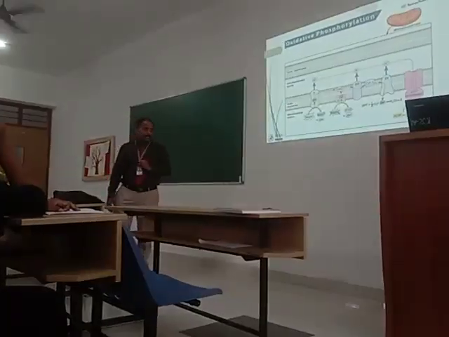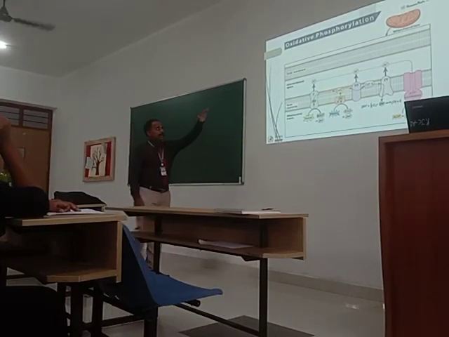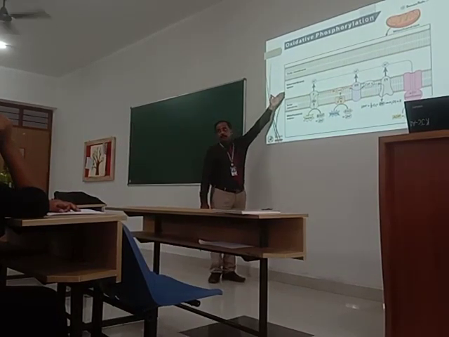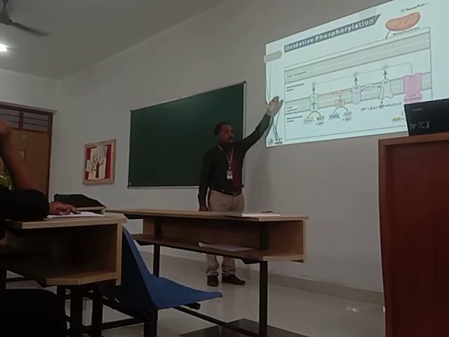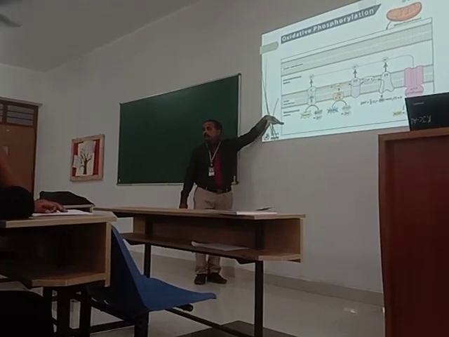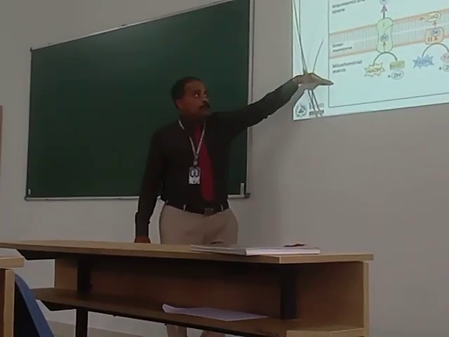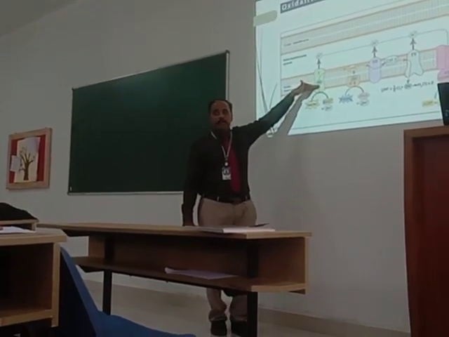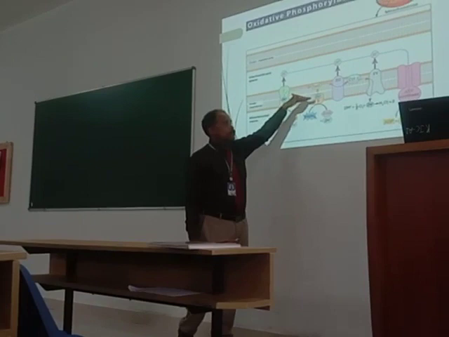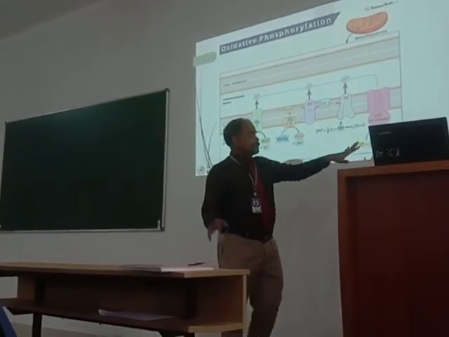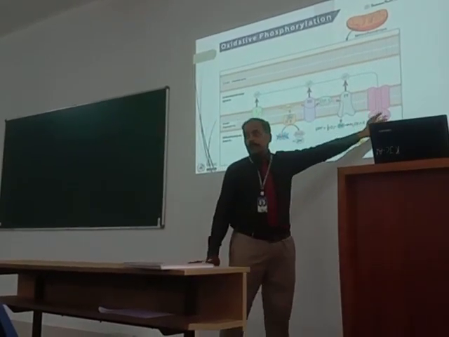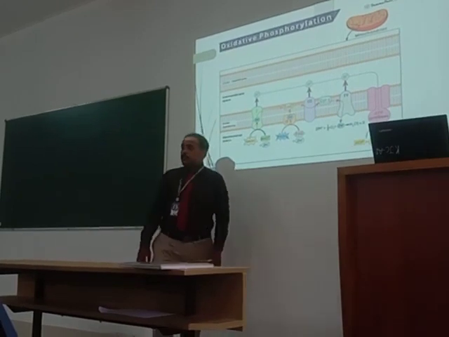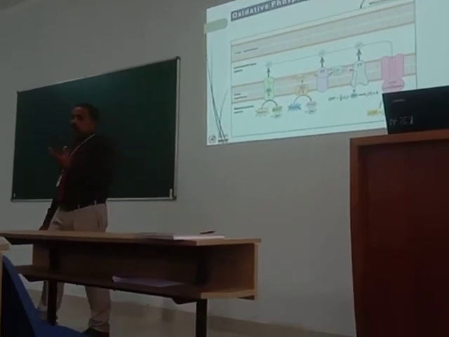When you see the diagrammatic representation, on one side we have the cytosolic side, the intermembrane space. On the other side we have the mitochondrial matrix. These are the different complexes involved in the electron transport chain: complex 1, 2, 3, 4. And this is the enzyme complex for ATP synthesis, otherwise called the F0, F1 component. Right?